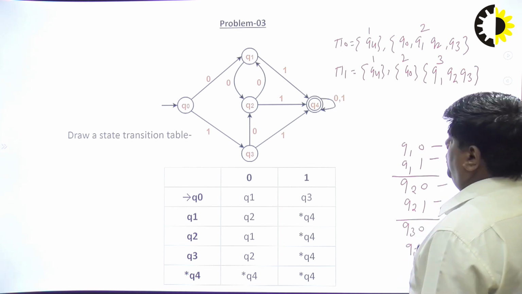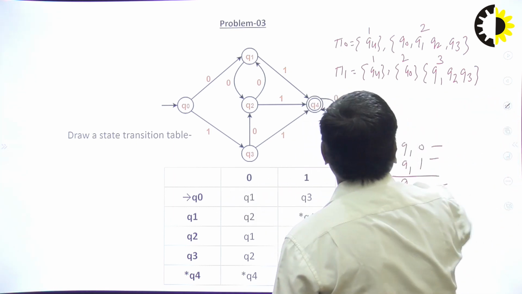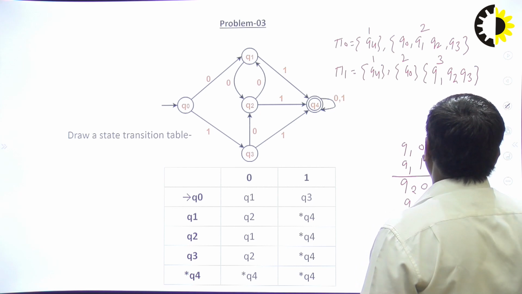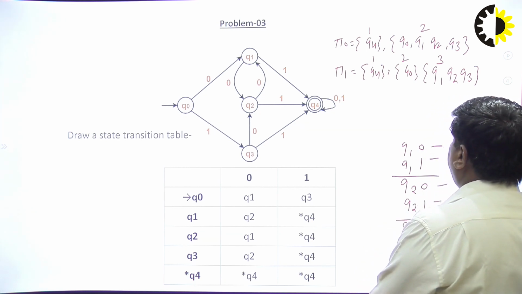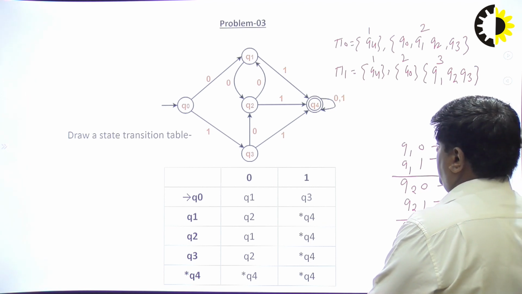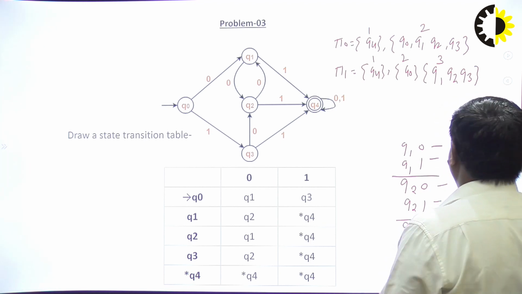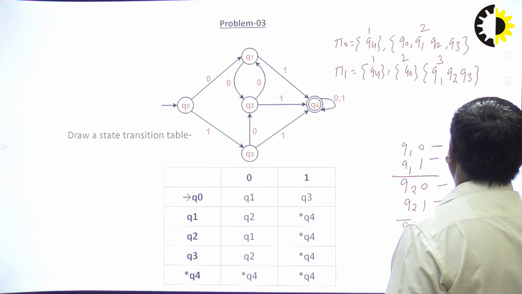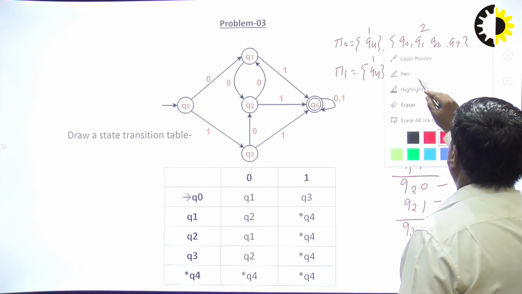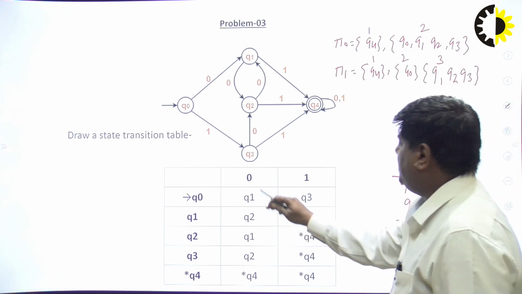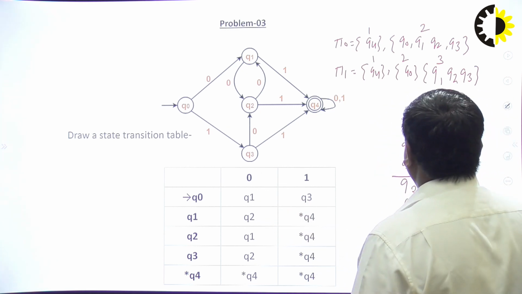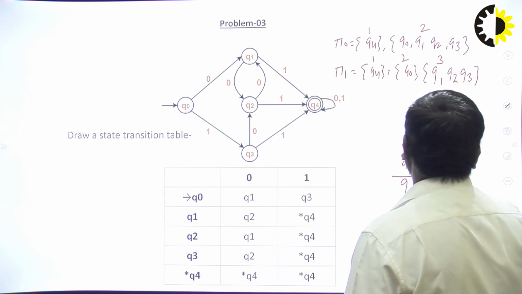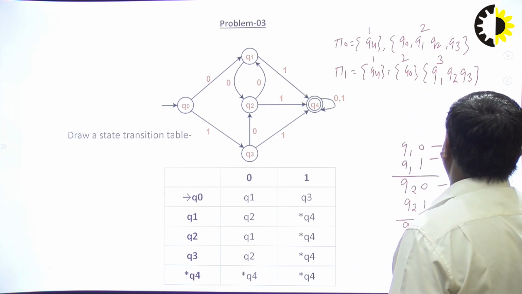Now Q1 on 0 is Q2, and Q1 on 1 is Q4, which is set 1, so 3 1.